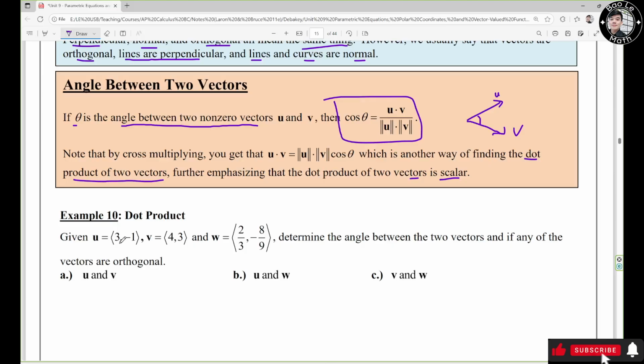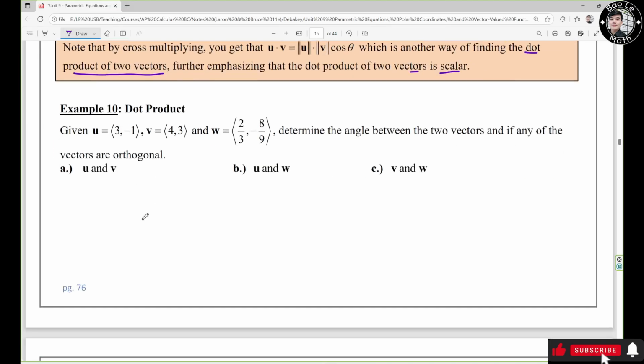Alright, now example number 10. Given vector u right here, vector v right here, and vector w right here. Determine the angle between two vectors and if any of the vectors are orthogonal, right? So vector u and vector v first, we have cosine theta. The dot product between vector u and vector v, right? So 3 times 4 equals 12.